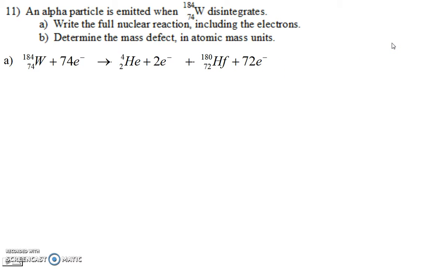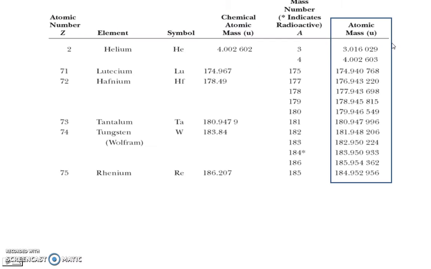Okay, so why am I talking about this whole deal with including the electrons? Well, we look at our appendix. Maybe you have to look at the appendix to find these things. But if you didn't, here it is, the appendix. Here is tungsten, and here is hafnium. We'll be using these values here for atomic mass. It turns out that everything in this column already includes any associated electrons.